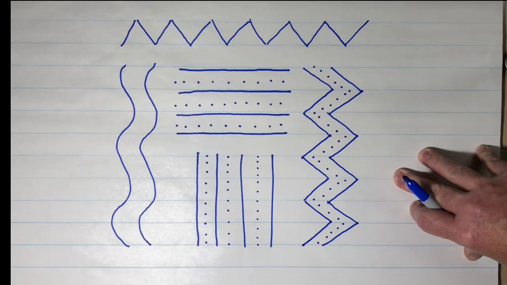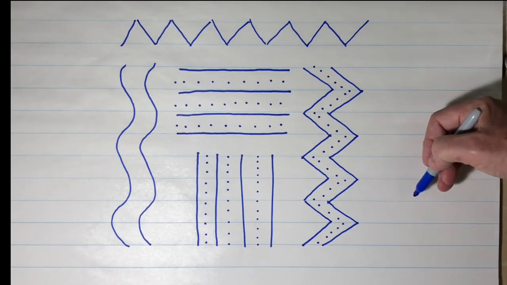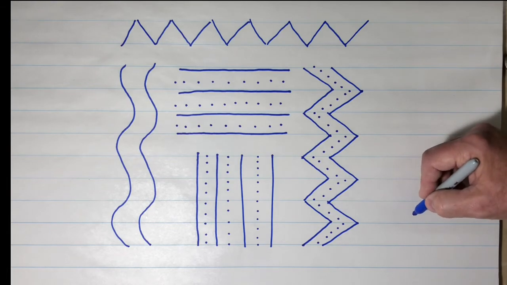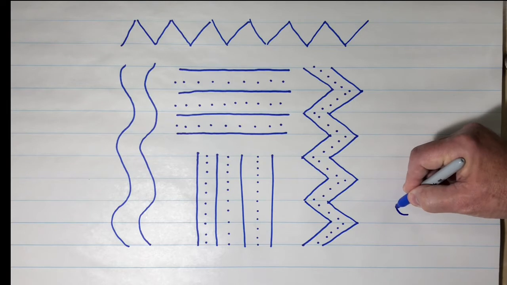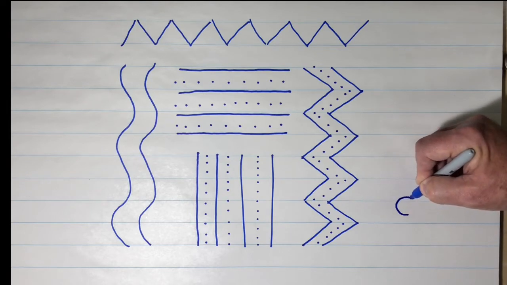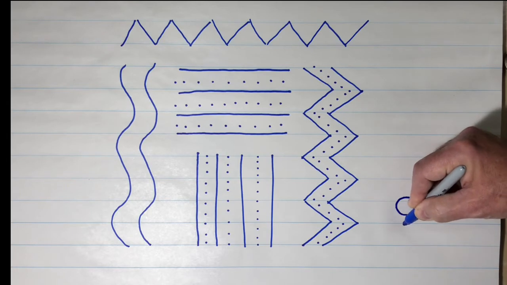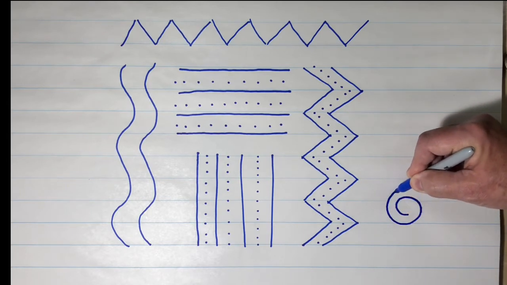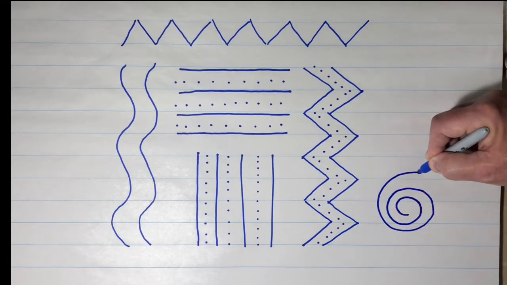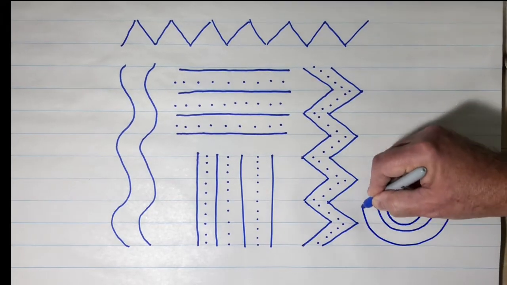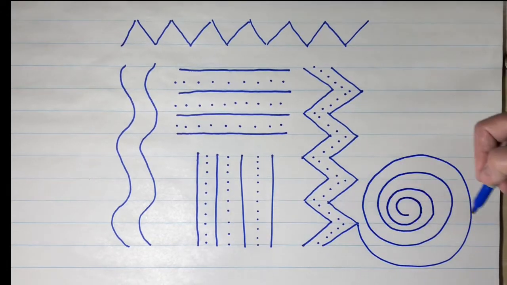Now we've got some space over here for some spirals, and these are fun ones to do because spirals start like you're drawing the letter O, but the O just keeps getting bigger. It never connects. And it gets bigger and bigger and bigger.